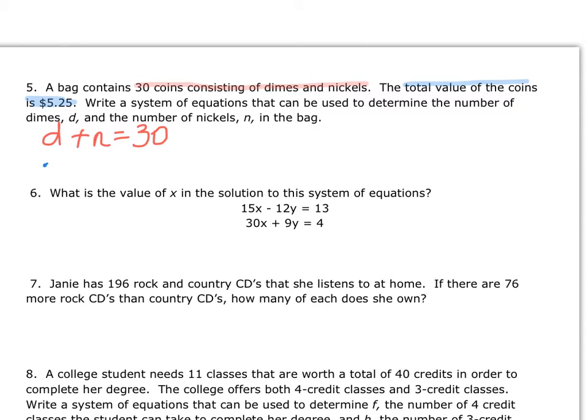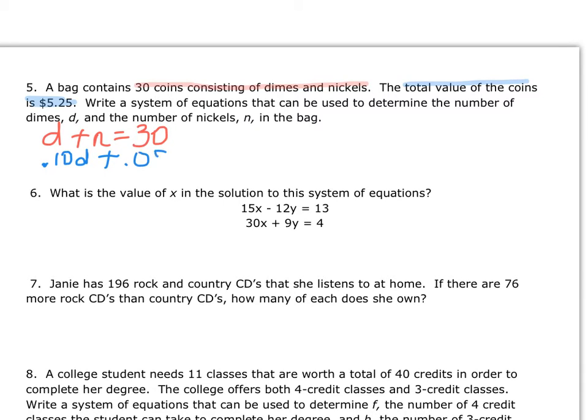So here I'm going to say 0.10 times D tells me how much money I have in dimes, right? Plus, how am I going to find out how much money I have in nickels? 0.5? 0.05, because a nickel is, right? 0.5 would be a 50-cent piece, right?